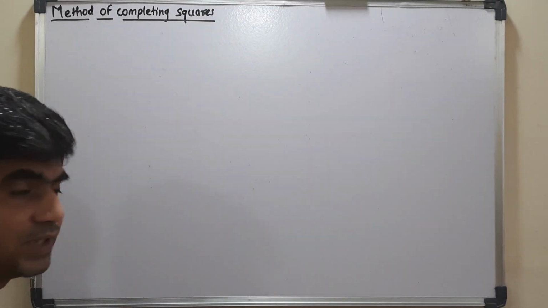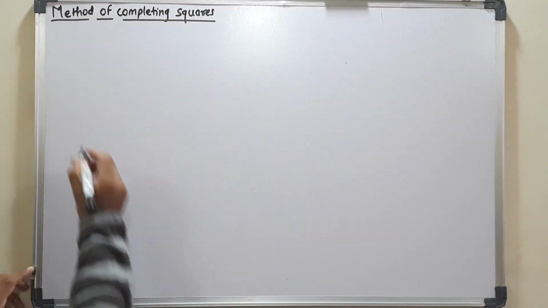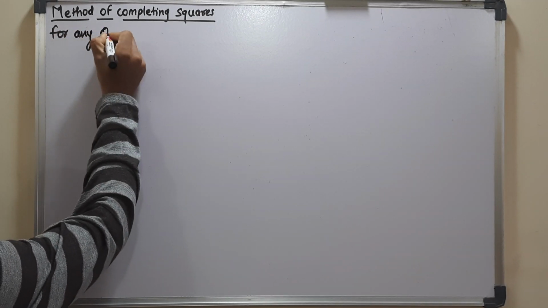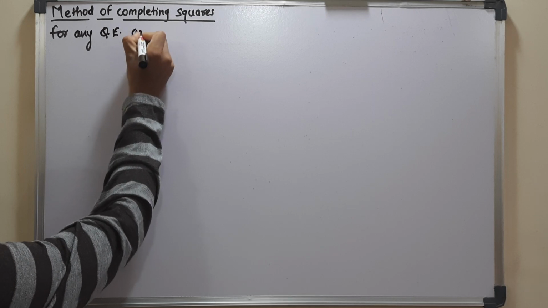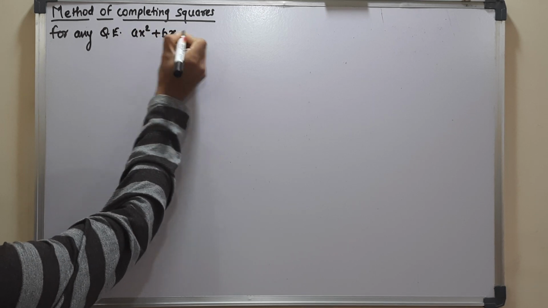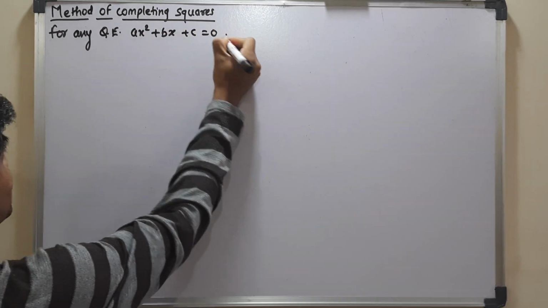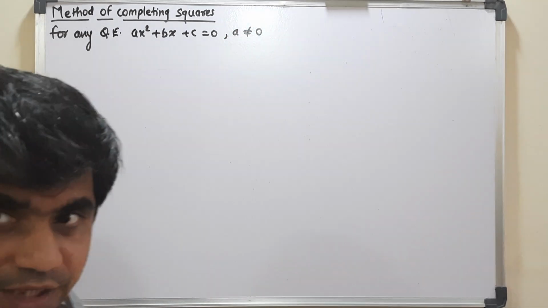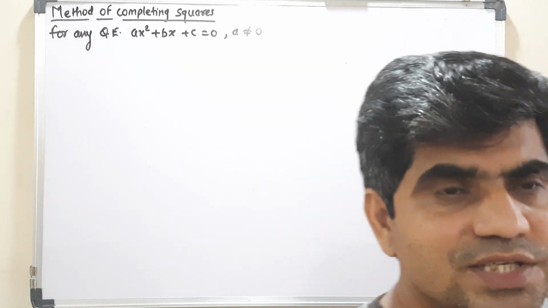So here, if you go by steps, then for any quadratic equation, which is of the general form ax square plus bx plus c is equal to 0, not to mention, which is very important, that a must not be equal to 0.